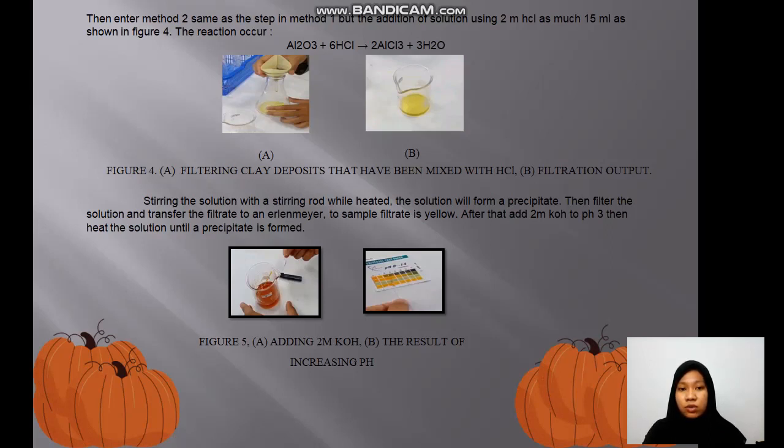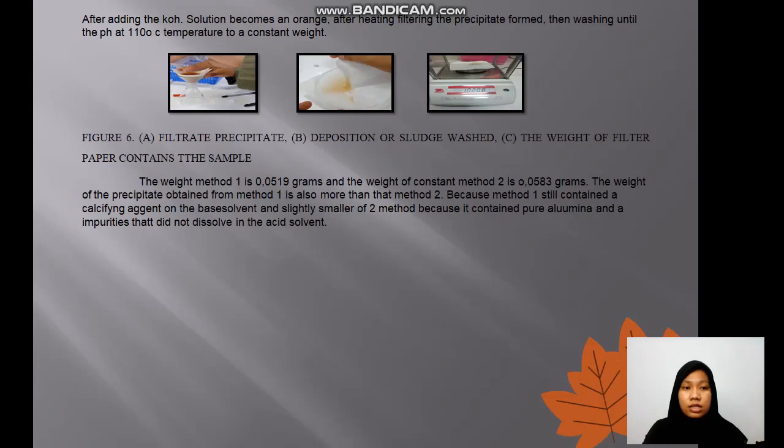Stirring the solution with a stirring rod while heated, the solution will form a precipitate. Then filter the solution and transfer the filtrate to an aluminium container. The sample filtered is yellow. Next, after adding the KOH, the solution becomes orange.